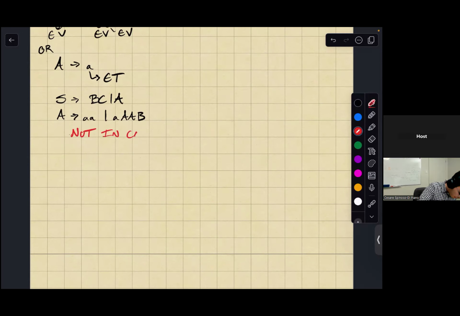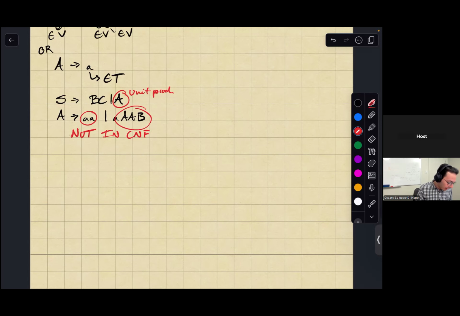It's not in CNF for many reasons. First of all, I have a unit production here. Then I have a string of more than one terminal. That's also bad. And then here I have a mix of terminals and variables. So that's also not good.